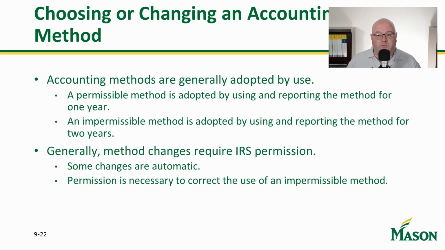Okay. Generally, method changes require IRS permission. Some are automatic. Very good example: I have clients who set up a rental business because they want to rent out property, and then they don't do depreciation because somebody at a cocktail party told them, if you do depreciation, you have to recapture and pay taxes on it.